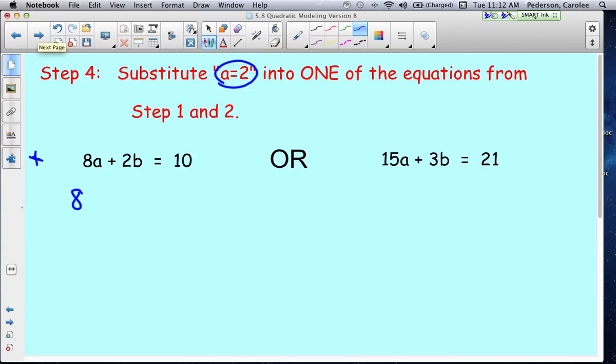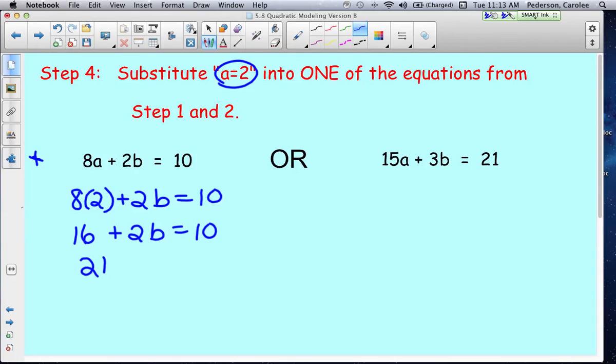So 8 times 2 plus 2b equals 10. 8 times 2 is 16 plus 2b equals 10. Then I'll subtract 16 from both sides. 2b equals negative 6.